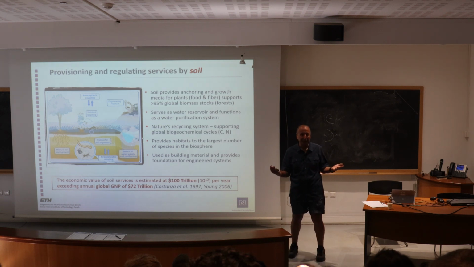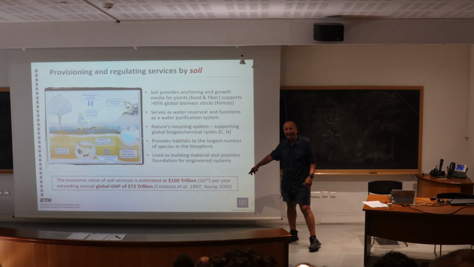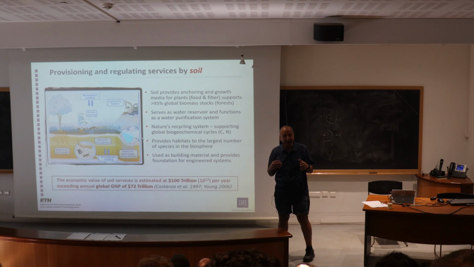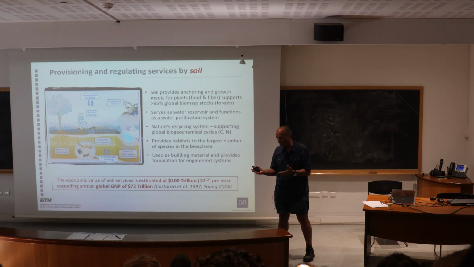I have no idea how they came up with this number, but in any case, the point they're making is that the total global GNP is less than that. So if we had to pay for these services, we would not be able to afford it. That was more or less the message. In any case, it just highlights the importance of this compartment of the biosphere to life on the planet.